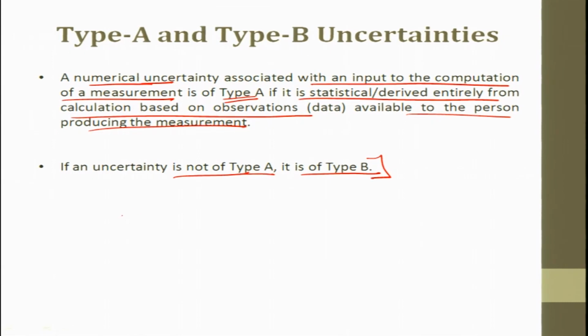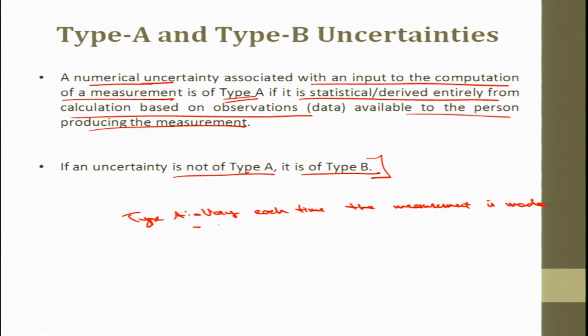Type A, they vary each time the measurement is made. So this uncertainty can be reduced by averaging lots of measurements, but it can never be totally eliminated.